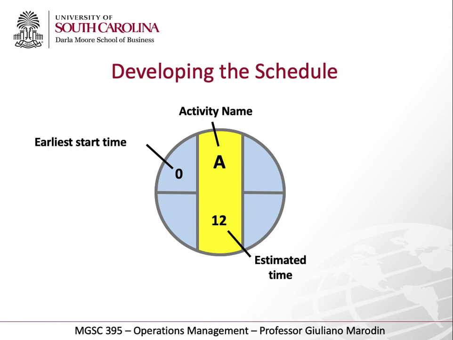Do you guys remember my very tough math questions? That's one of them, so you don't miss them while we are away. So 0 plus 12 equals 12, right? That's the earliest finish time. So if I start right away, I can finish on week 12, okay?